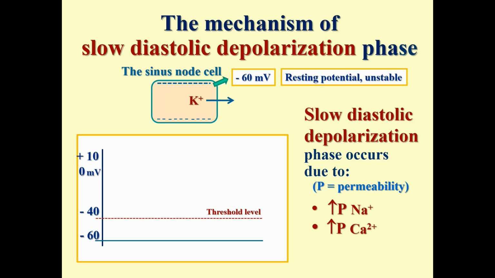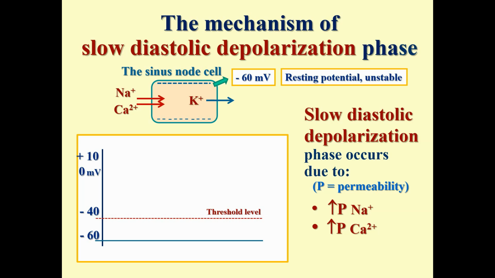For the 2 extracellular positive ions, permeability increases. Actually, it goes through one and the same type of channels, because these channels are not selective and both ions can move through them. And when these channels are available, even though not many of them, both ions, sodium and calcium, can enter the cell. Not many, so depolarization does not become very quick, but slow.